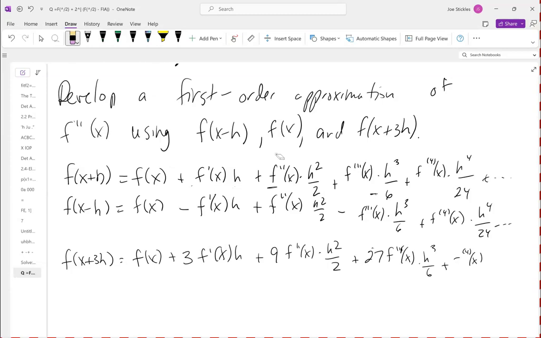And I forgot my 81. Not worrying about simplifying the fractions right now. If we need to, we'll do that at the end.